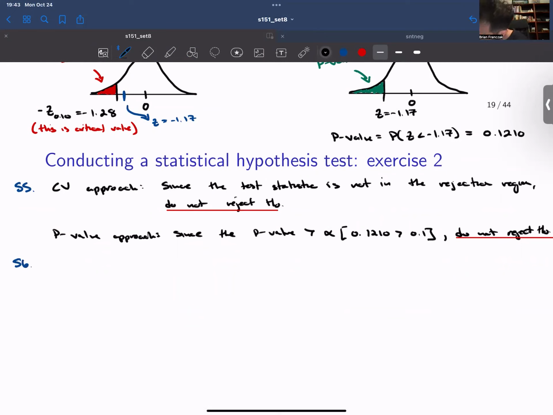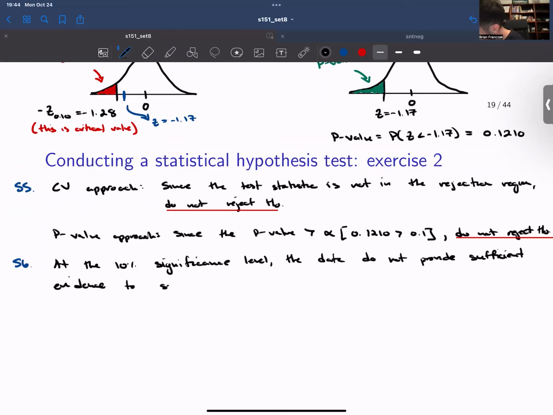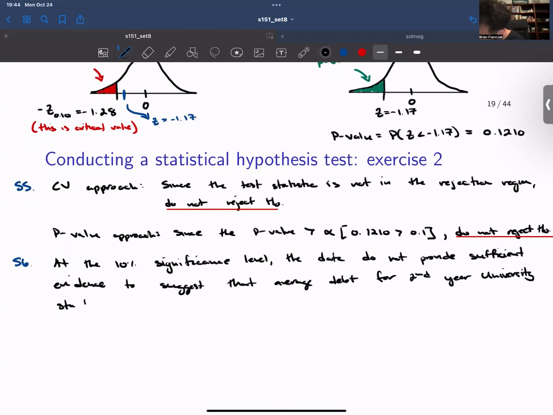Now I would say, at the 10% significance level, the data do not provide sufficient evidence to suggest that the average debt for second year university students is less than $1,700.